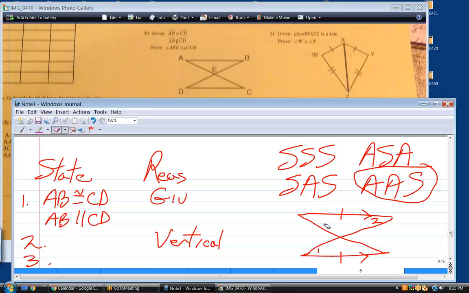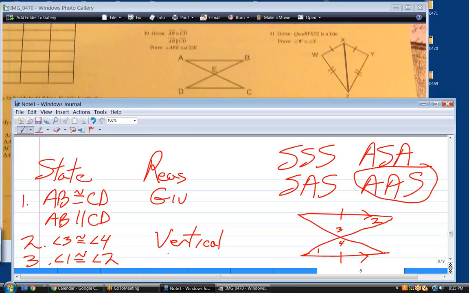Let me call this 3 and 4. Okay, so first of all, angle 3 is congruent to angle 4 because they're vertical angles. And angle 1 is congruent to angle 2.